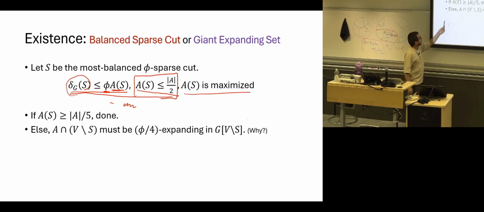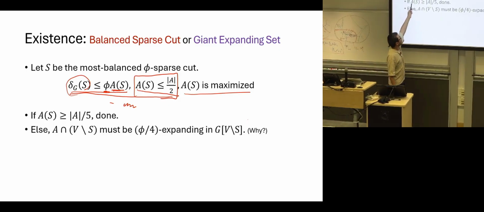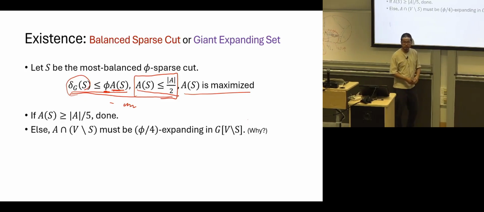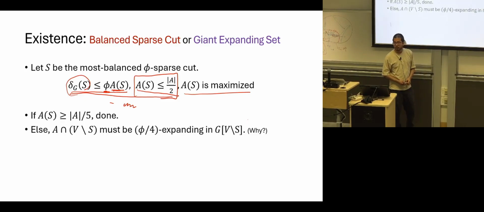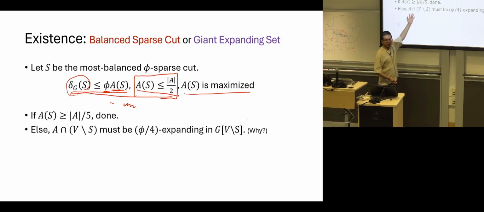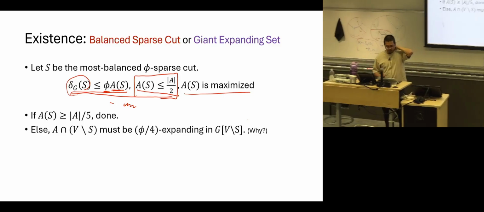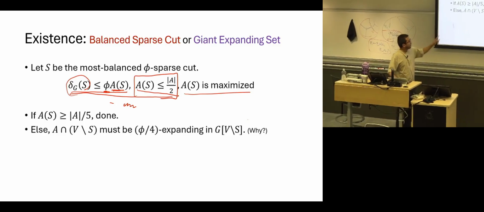Suppose that this is false, that the size of S is actually small. Then I want to prove that the complement is expanding. This is what we just want to prove. But that's not clear yet.